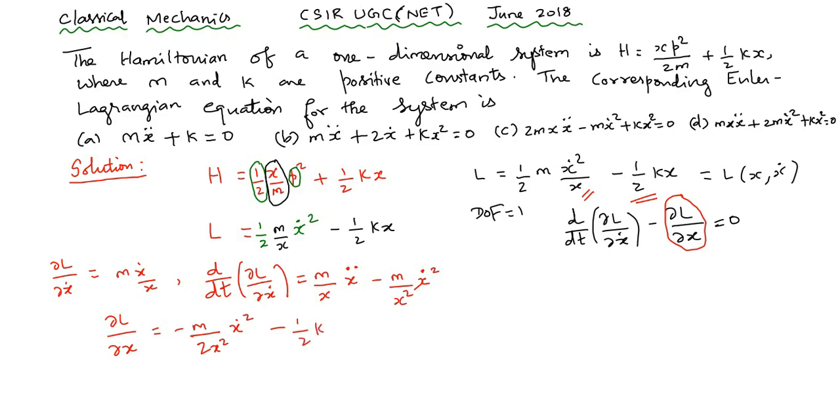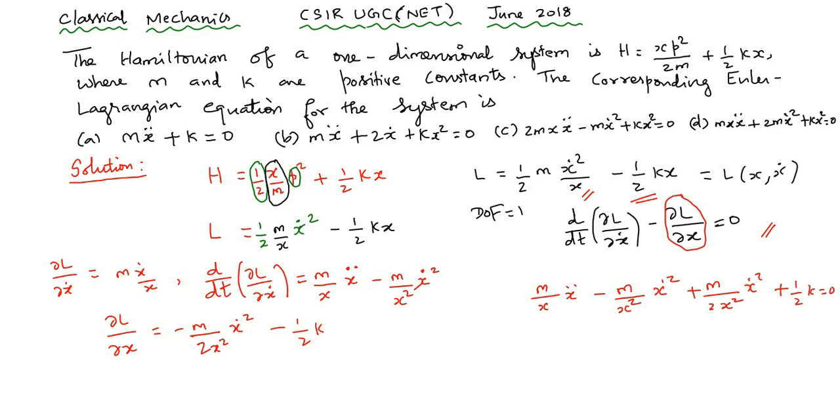So this means if I substitute in the equation of motion, I will get m by x x double dot minus m by x square x dot square, and minus into minus plus m by 2x square x dot square, minus into minus plus half k, that is equal to 0.